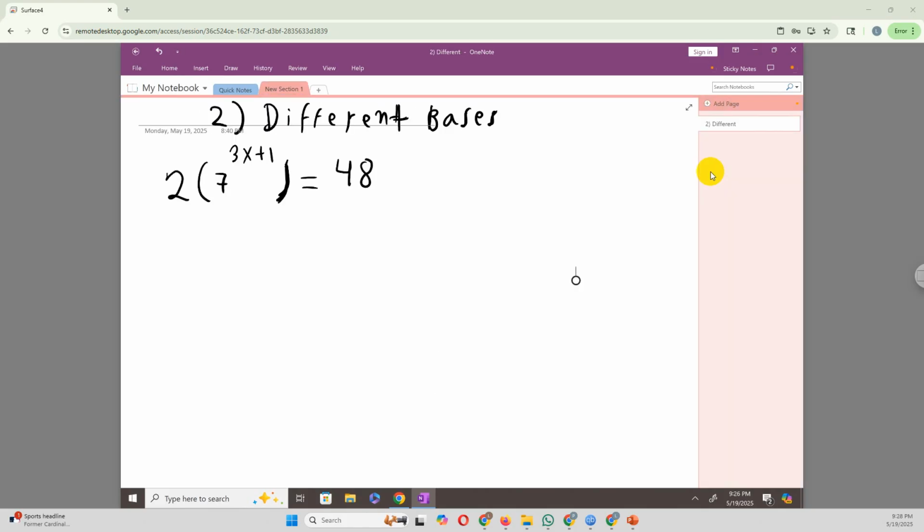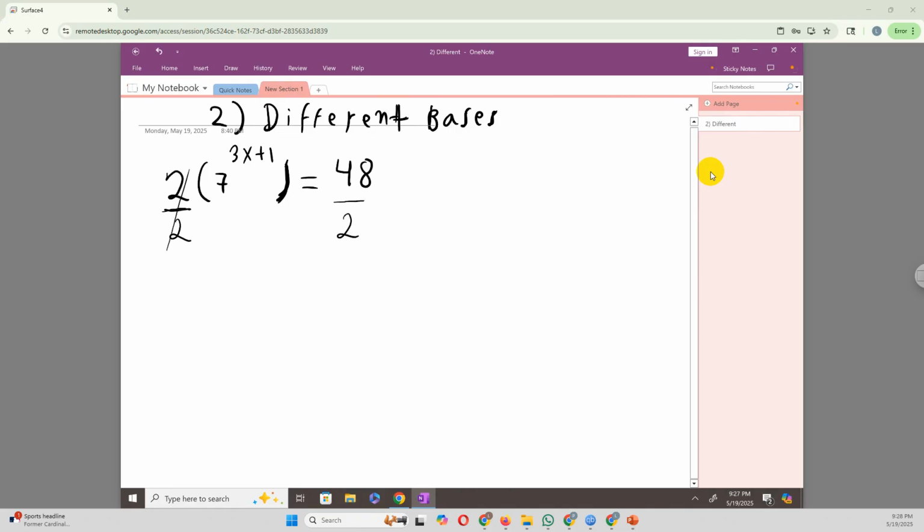In this case, the bases are going to be different. We'll see. So look, we have 2 times 7 to the power of 3x plus 1 equals 48. So the first step is to try to get rid of that 2 that is on the left. So we can divide both sides by 2.